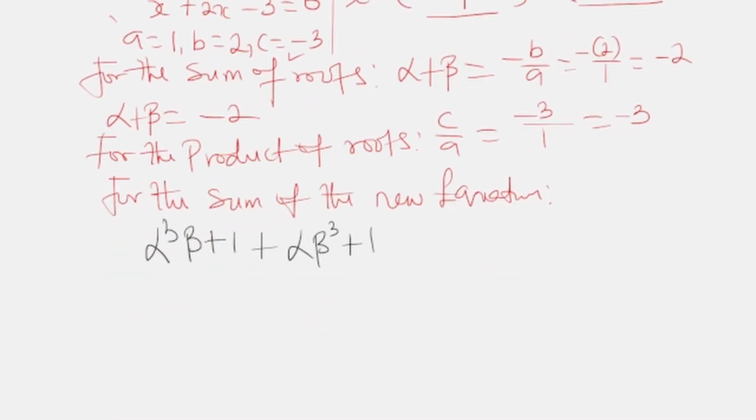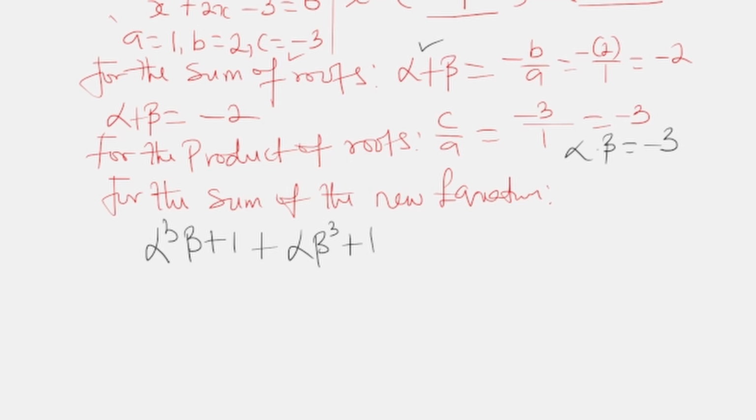Now let's go ahead and work on this. Remember, we've already found our sum and our product. Our goal right now is to manipulate this expression in order to get something like alpha plus beta and alpha times beta. Our alpha times beta is equal to -3.